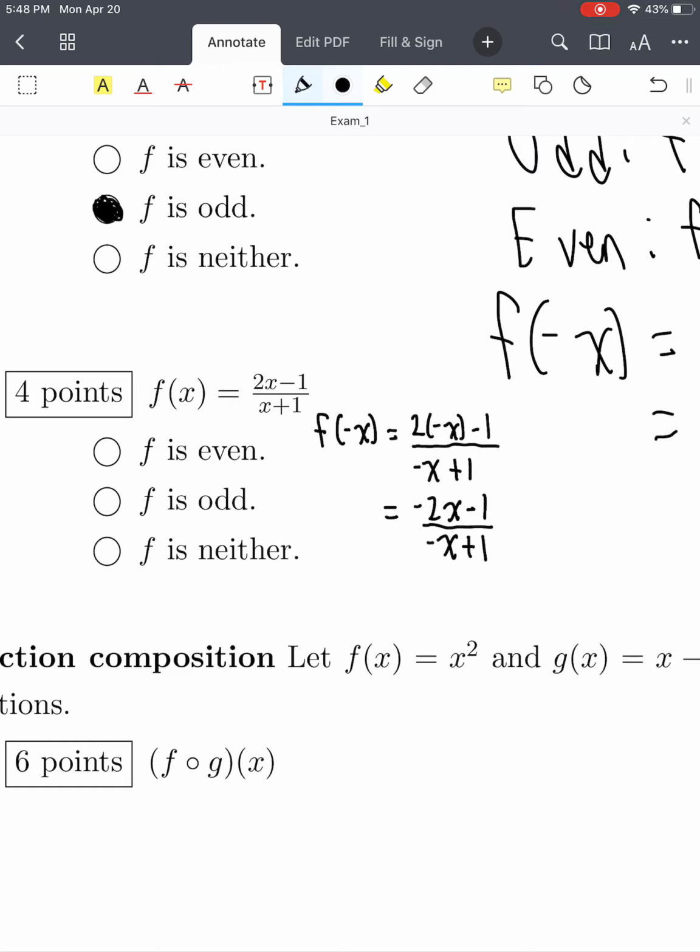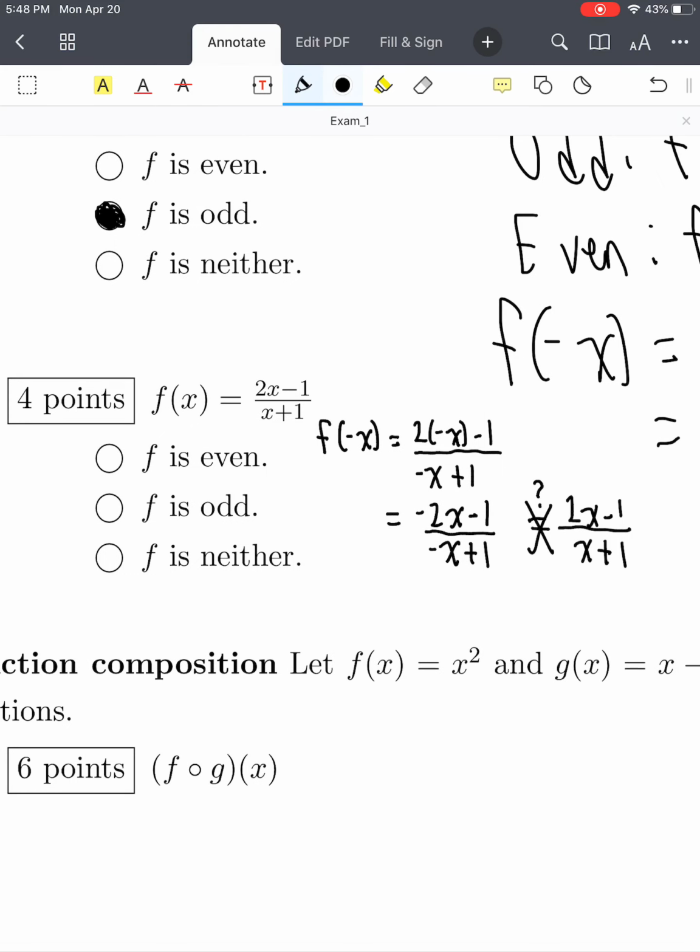If it were even, it would equal 2x minus 1 over x plus 1, which we can see it doesn't. So that's not true. If it were odd, it would equal negative f of x.